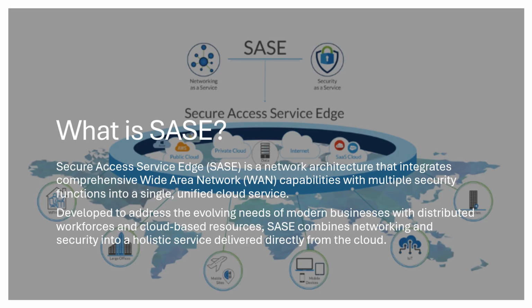Now that we just went through, in basic concepts and explanation, what zero trust is about, what then is SASE? Secure Access Service Edge, or SASE, is a network architecture that integrates comprehensive wide area network capabilities with multiple security functions into a single unified cloud service.